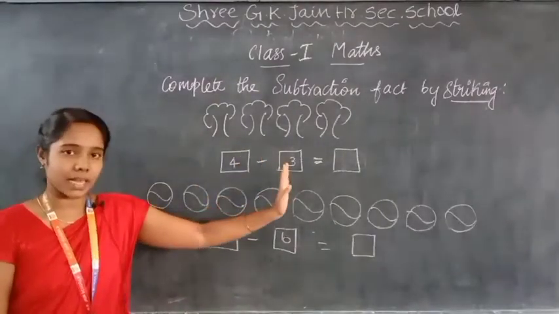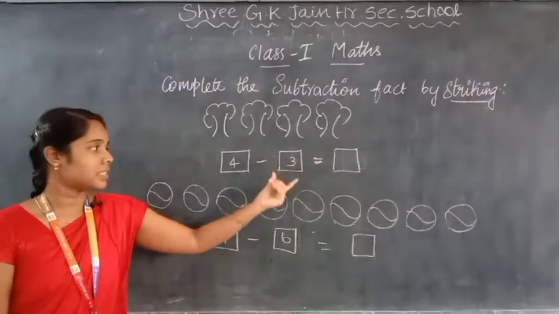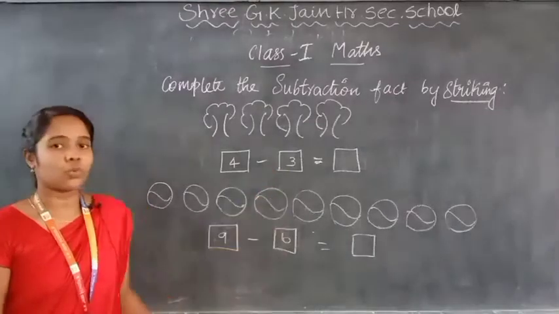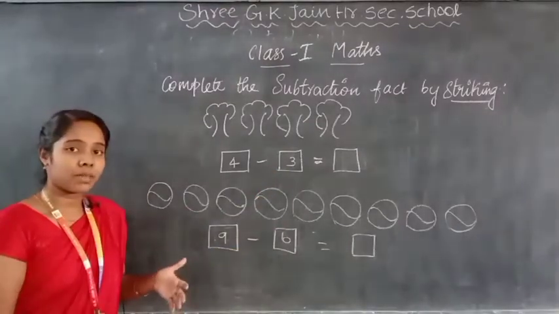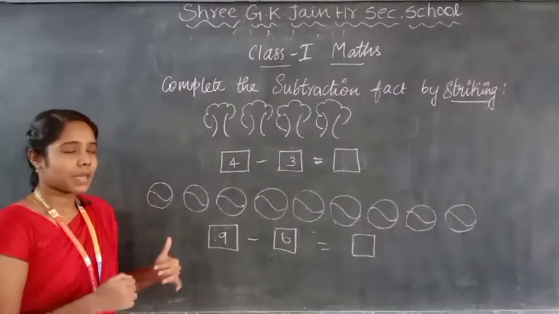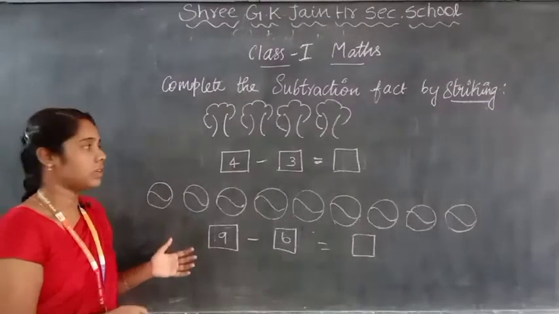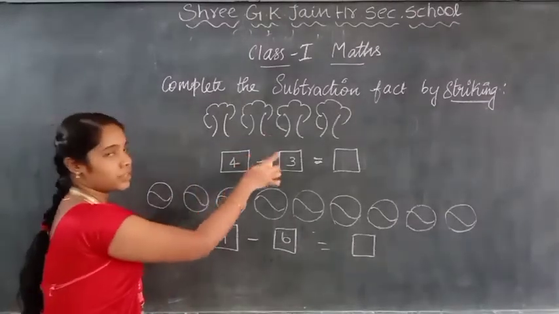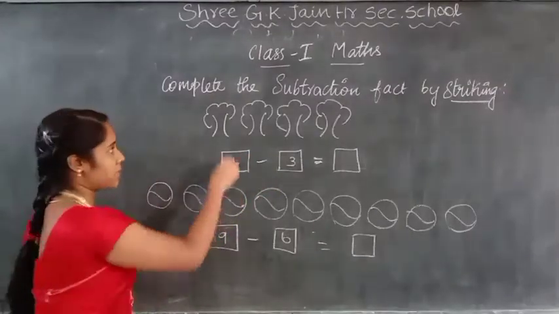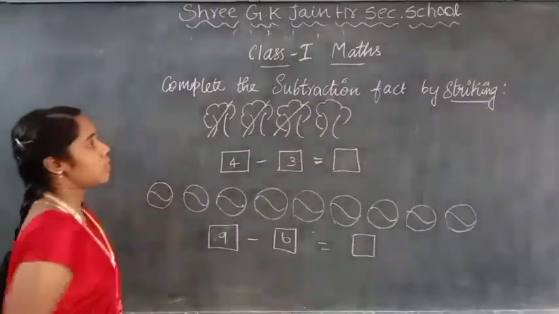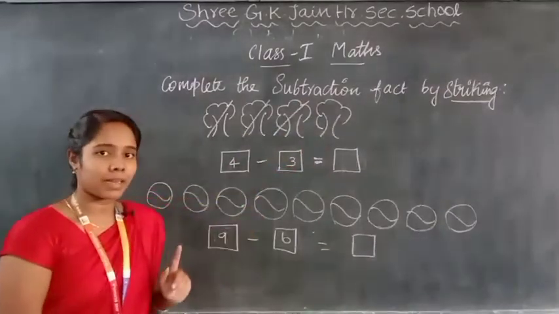Already 4 trees are here, and 3, this number, is going to go away. So what should we do? We should strike them. In the previous method, what did we do? Yes, we did it by circling, but this method is the striking method. We are going to strike the 3 trees from it. 1, 2, 3. Okay. Now how many are remaining?